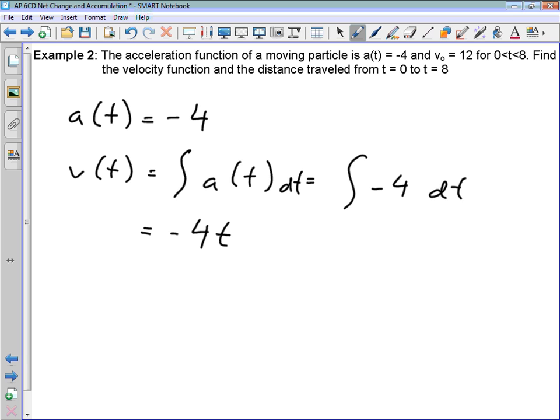And because we're doing an indefinite integral, we have to add on our constant of integration c, because we don't know, again, because it's an indefinite integral. If we want to find the exact velocity function, we need to figure out what that constant of integration is. How are we going to do that? Go ahead, Lee.